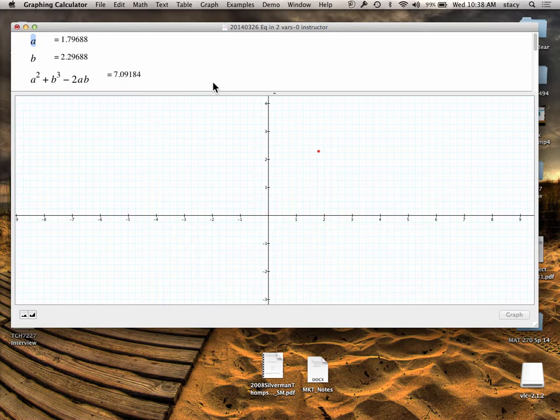So I want you guys to take some time and hunt for points, values of A's and B's that make the equation equal to 7. Okay? So you can partner up and try to tackle this faster with a partner if you want. But everybody should have a screen.